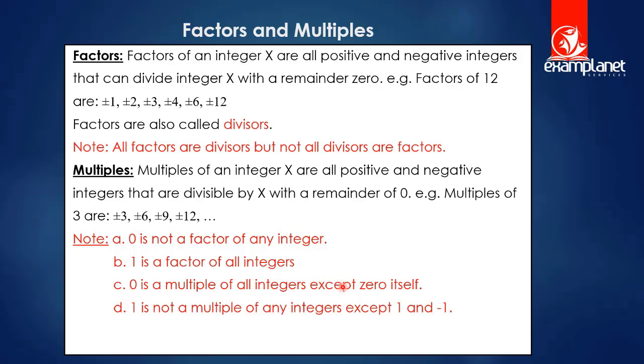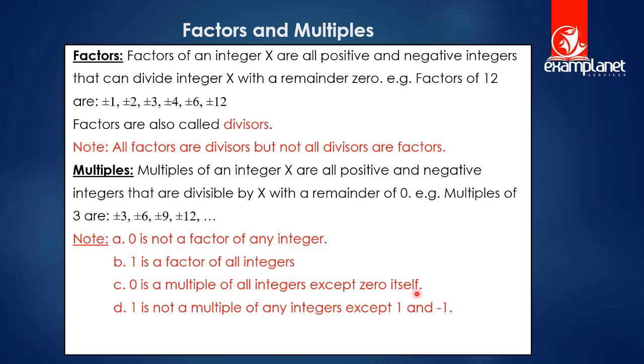Also, 0 is a multiple of all integers except 0 itself. That is, 0 divided by any number is always 0 with remainder 0. So that means 0 is a multiple of all numbers. But 0 cannot divide itself. 0 divided by 0 is undefined. But 0 divided by any number is going to give you an integer with a remainder of 0.